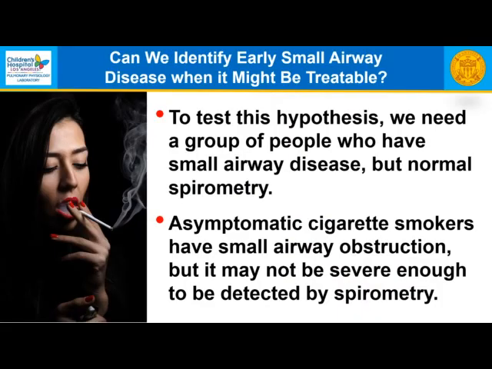So to test this hypothesis, we need a group of people who have small airway disease, but normal spirometry. And so this was primarily a quest in adults, of course, because COPD is an adult disease, not really a pediatric disorder. So asymptomatic cigarette smokers do have small airway obstruction, but it may not be severe enough to be detected by spirometry.